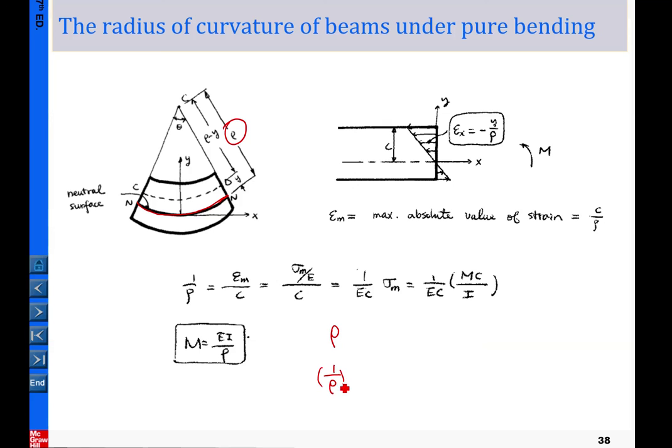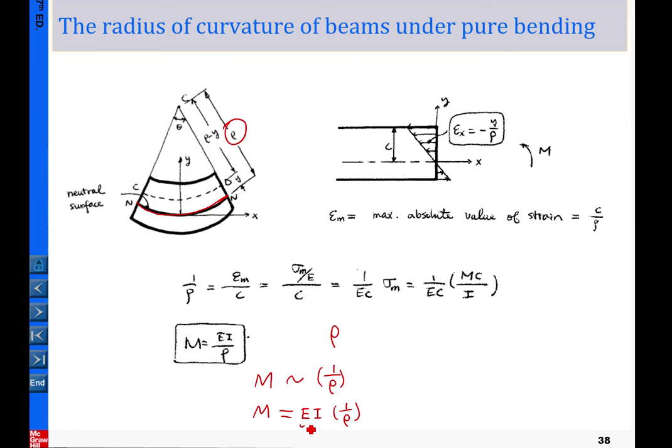So curvature is proportional to the magnitude of the bending. The larger the bending, the more the beam curves, which means a larger curvature. The proportionality is given by EI, EI times the curvature of the beam.